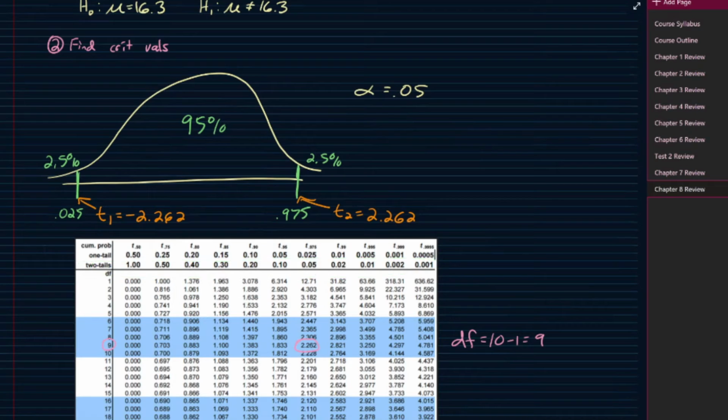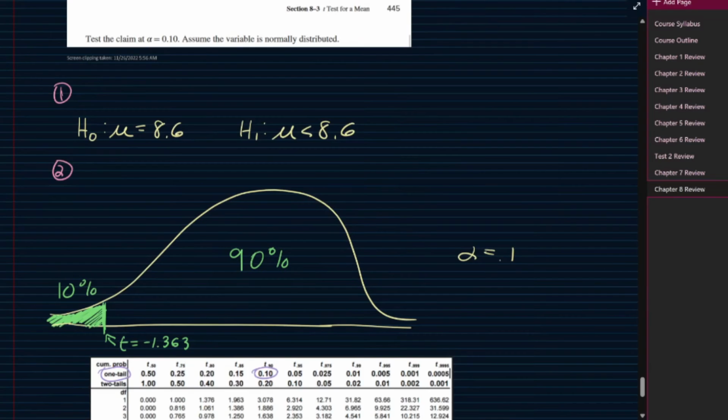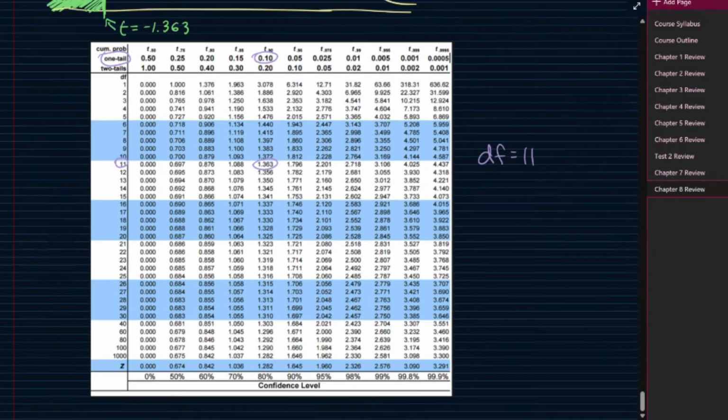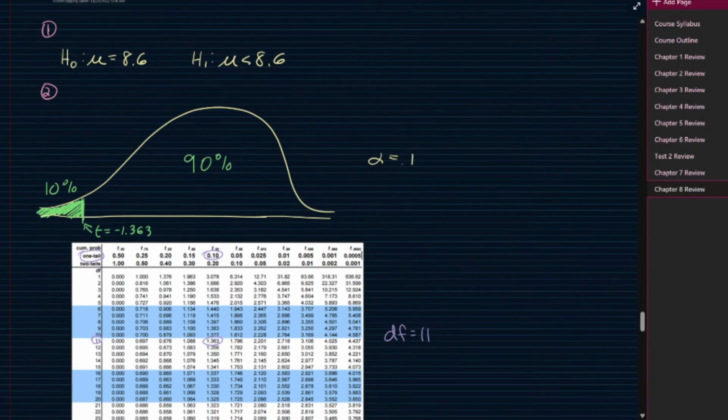So let me go back and change it. Let's use this column instead. For the last one, I'll erase this one here. And for here, this one. Okay, now that's fixed. Sorry about that. So our t-value in this case, negative 1.363.